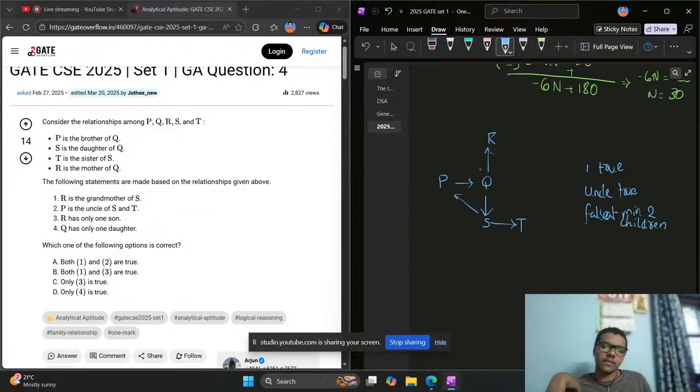Q has only one daughter. No. T is the sister of S, girl and girl. So Q has only one daughter, that's false as well. Both 1 and 2 are true. That's option 4, if I'm not wrong.